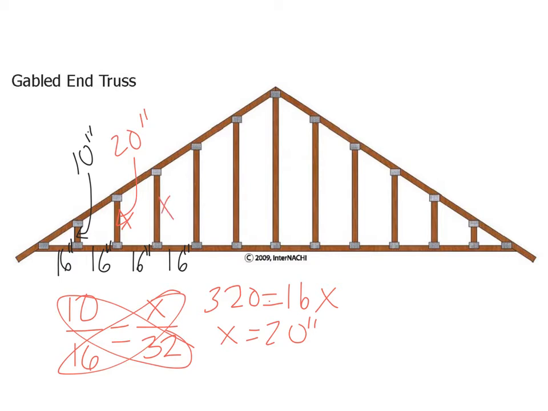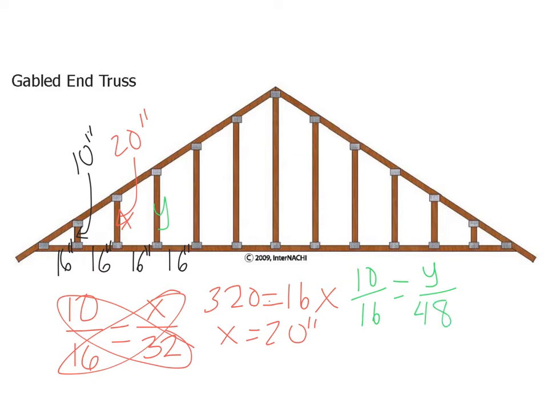What about this one right here? Maybe I should use a different color and a different variable, being that this is math. Okay, so let's call that one y. What if I set up the same type of proportion? I had 10 over 16, that's my original, equals y over, well, in this case, I'm 3 studs away. 16 times 3 is 48.